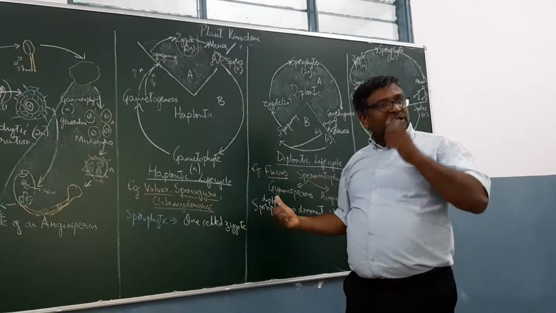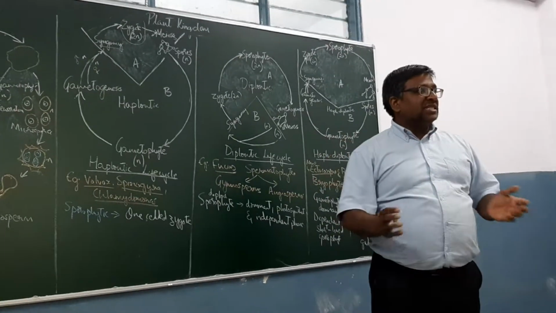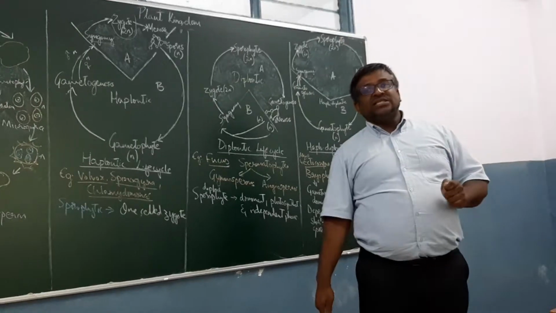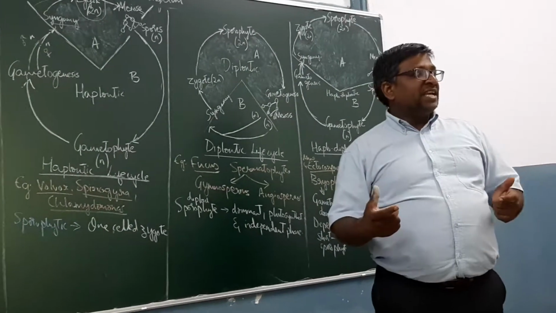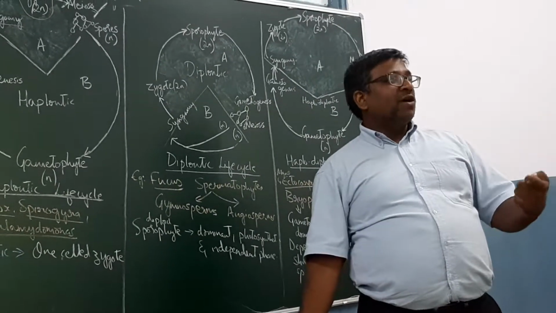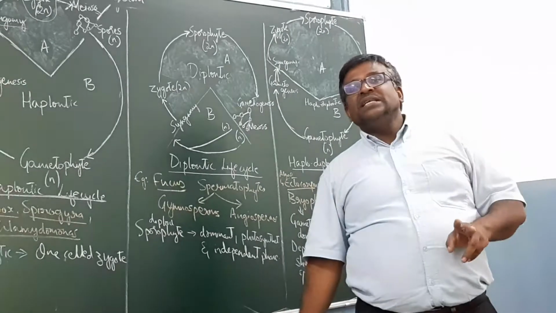Next, the diplontic life cycle. As the name indicates, diploid stages are predominant in this life cycle. The diplontic pattern is seen in seeded plants, spermatophytes. Sperma means seed, phyte means plants. These are plants which are produced from seeds. There are only two seeded plant varieties in the plant kingdom.